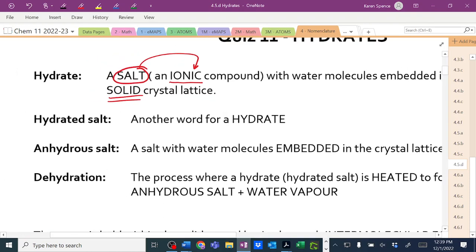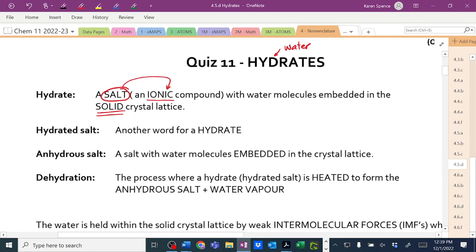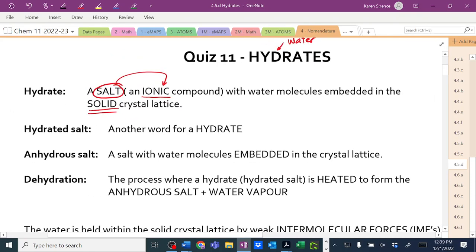So actually this should say a hydrate. There's a typo in here. This is terrible. Okay, a hydrate is a salt with water molecules embedded in the solid crystal lattice. And a hydrated salt is just another word for a hydrate.